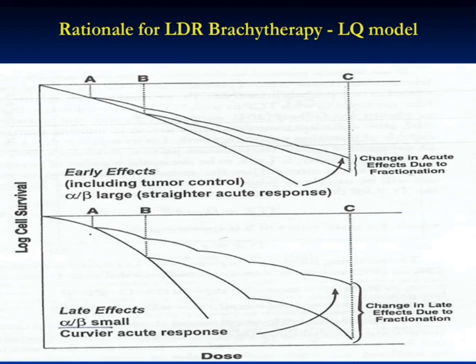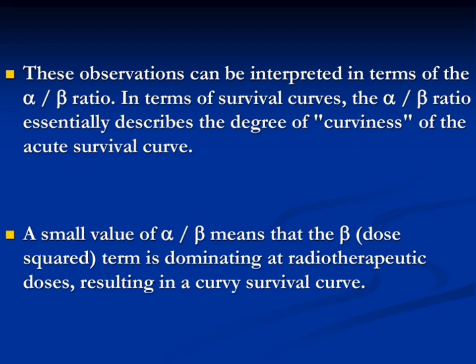The rationale of low dose rate brachytherapy: it has been known for many decades that lowering the dose rate generally reduces the radiobiological damage. The explanation of this effect, relating to sublethal damage repair, has also long been understood. Increasing the dose rate will increase the late effect much more than it increases the tumor control, and decreasing the dose rate will decrease the late effect much more than it decreases the tumor control.